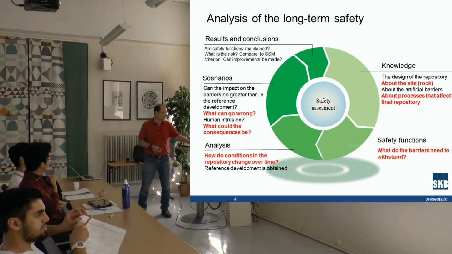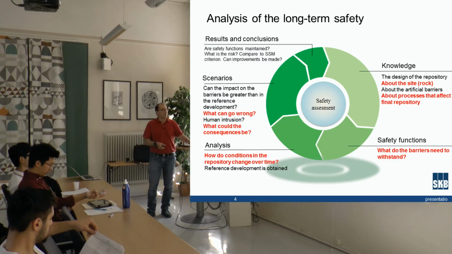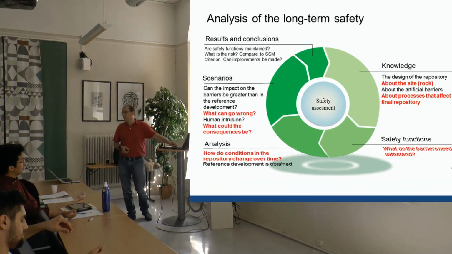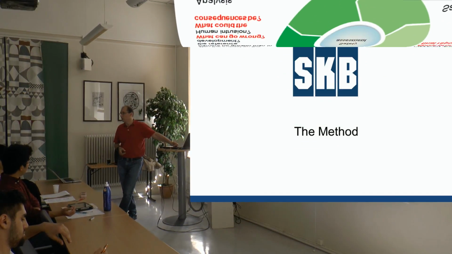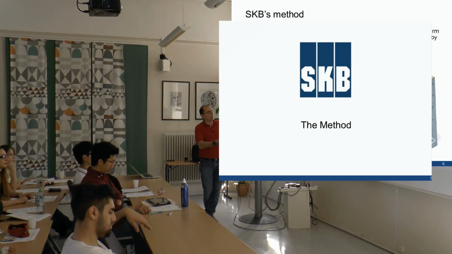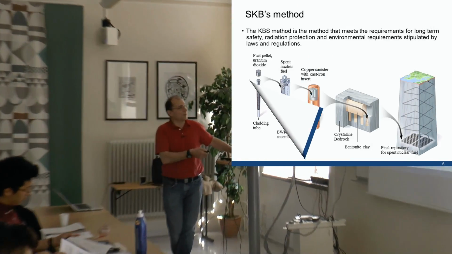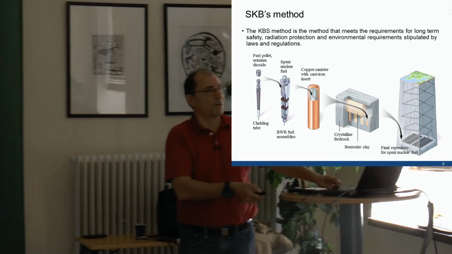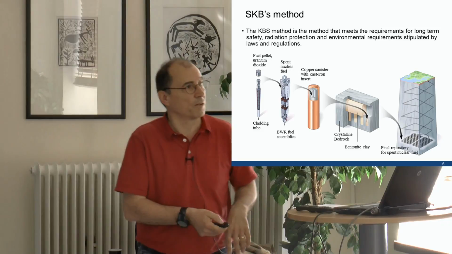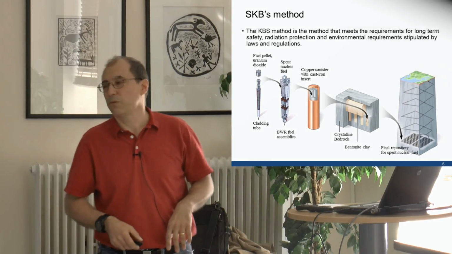Okay. And for this reason, to gather the knowledge, we investigate and we make models, different types of models. I'm not going through this image, but this session in the morning is going to be about the rock.